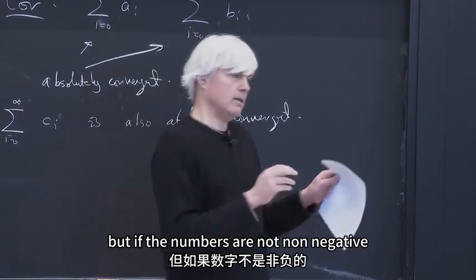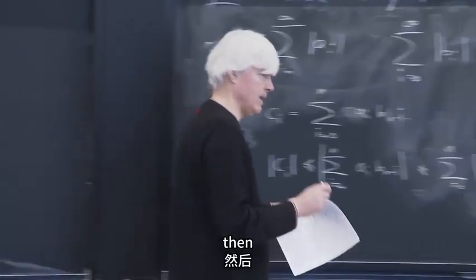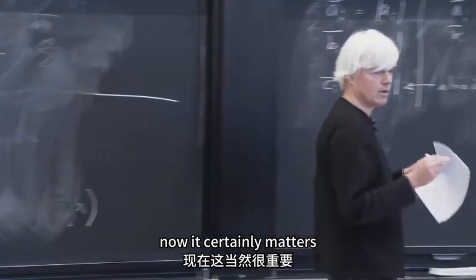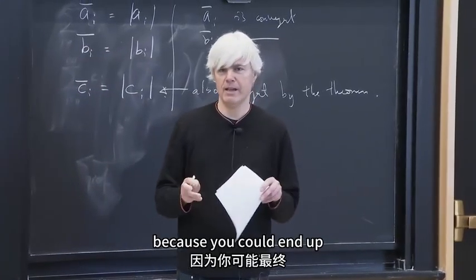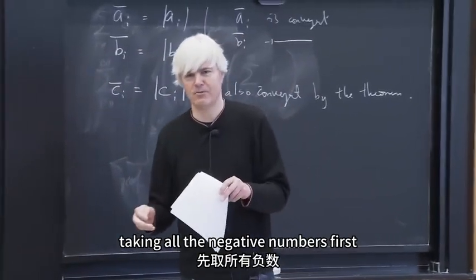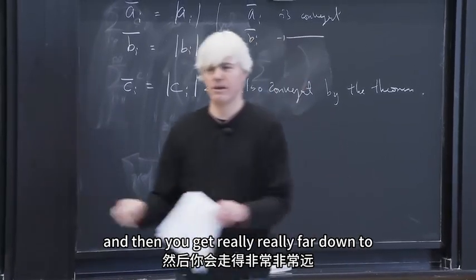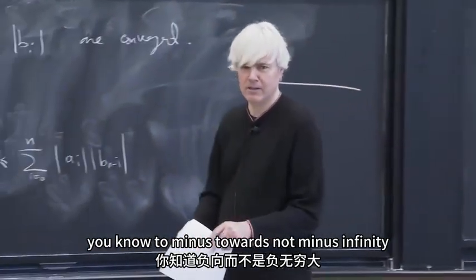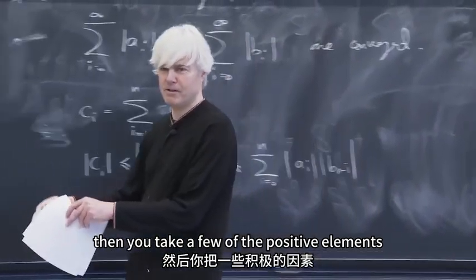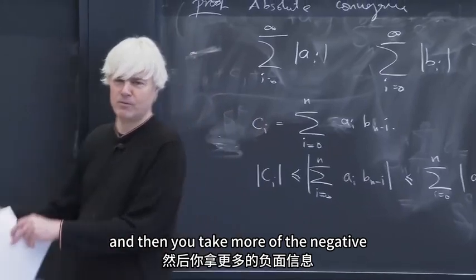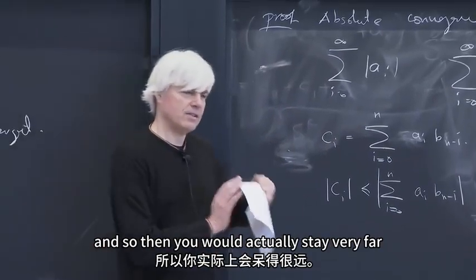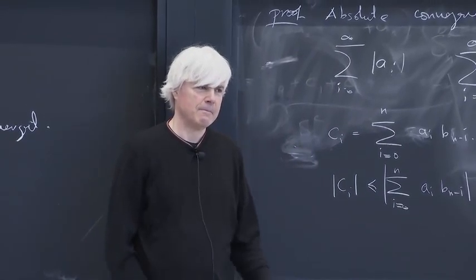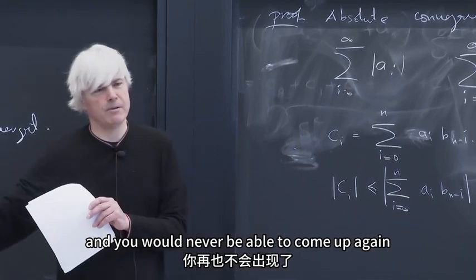But if the numbers are not non-negative, and the series is not absolutely convergent, now it suddenly matters. Because you could end up taking all the negative numbers first, and then you get really, really far down towards minus infinity. Then you take a few of the positive elements, and then you take more of the negative, and so you would stay very far down towards minus infinity, and you would never be able to come up again.